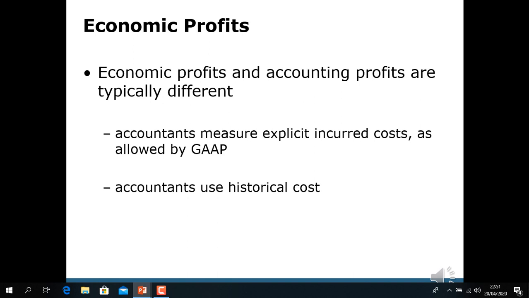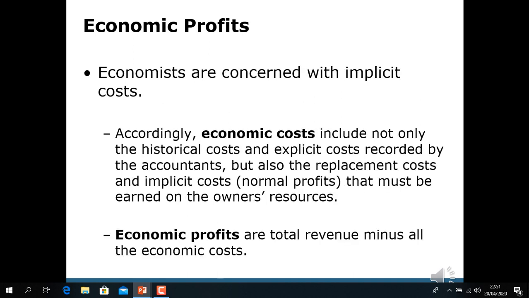Therefore, accounting profit is typically measured by accountants using explicit incurred costs as allowed by generally accepted accounting principles, or GAAP. And accounting profit contains the historical costs. On the other side, economic profit is concerned with the implicit costs.